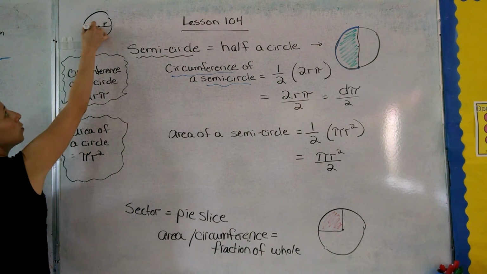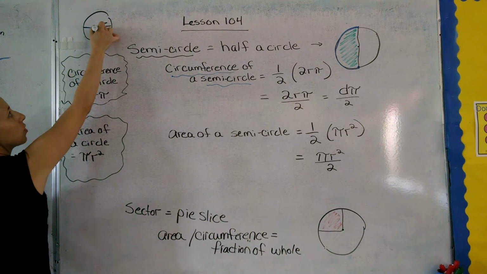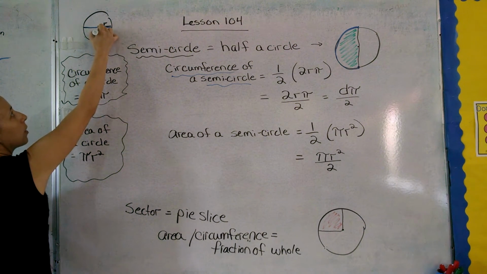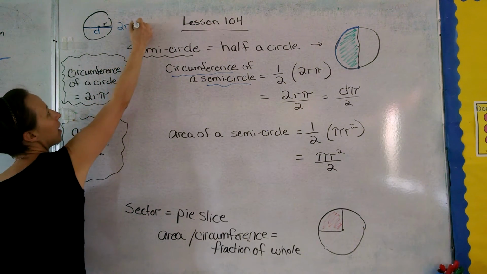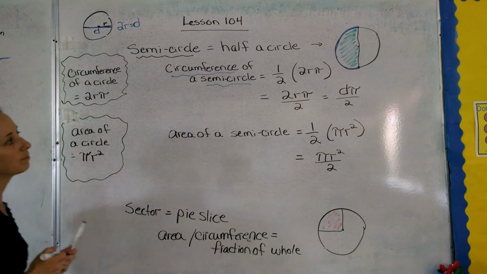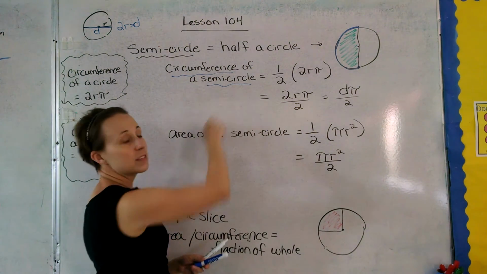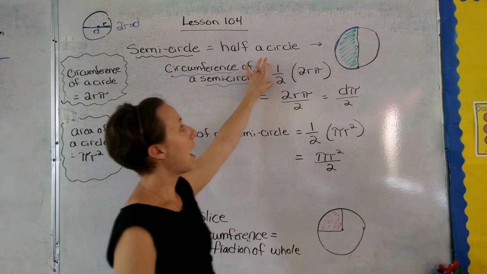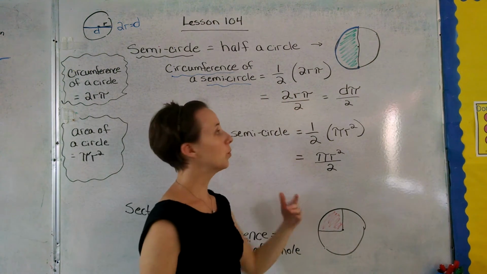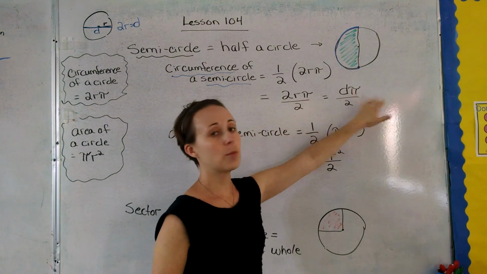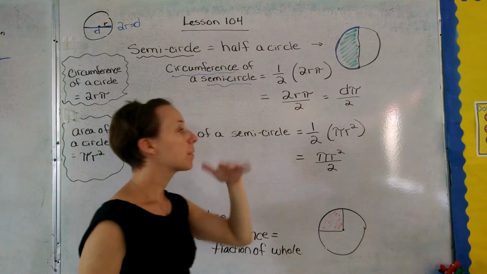If you put 2 radii together across the circle, you get a diameter. 2 r's is the same thing as a diameter. So you could write the circumference of a semicircle any of these ways. Half times 2r pi, 2r pi divided by 2, or the diameter pi divided by 2. All mean the same thing.